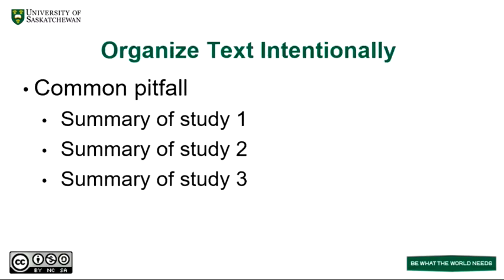So this is something that we briefly looked at in part 1 of this series, but I wanted to return to it simply because it is such a common occurrence in literature reviews, where we have just a summary after summary after summary in looking at that review.